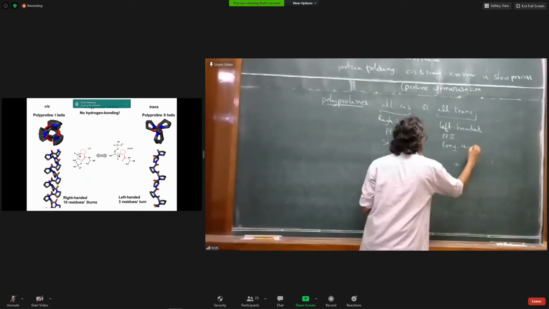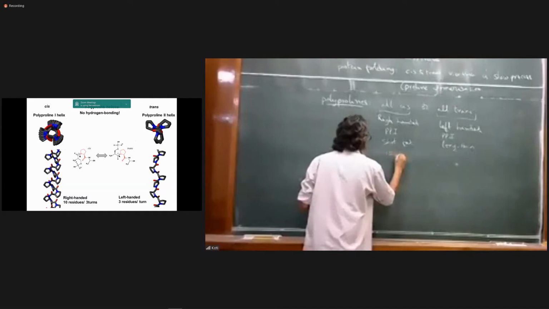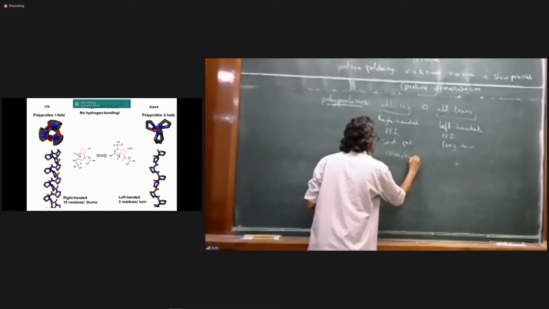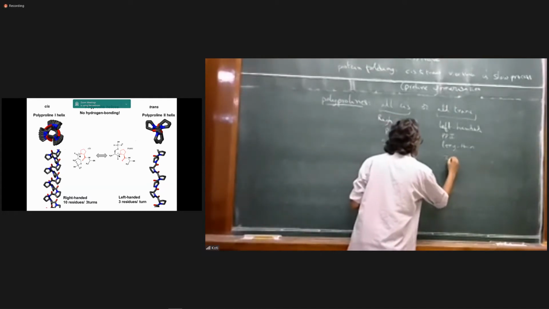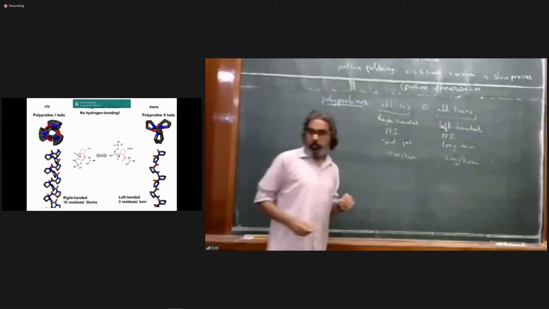The handedness is opposite, and the number of residues is about 10 residues per 3 turns, and this is exactly 3 residues per turn.